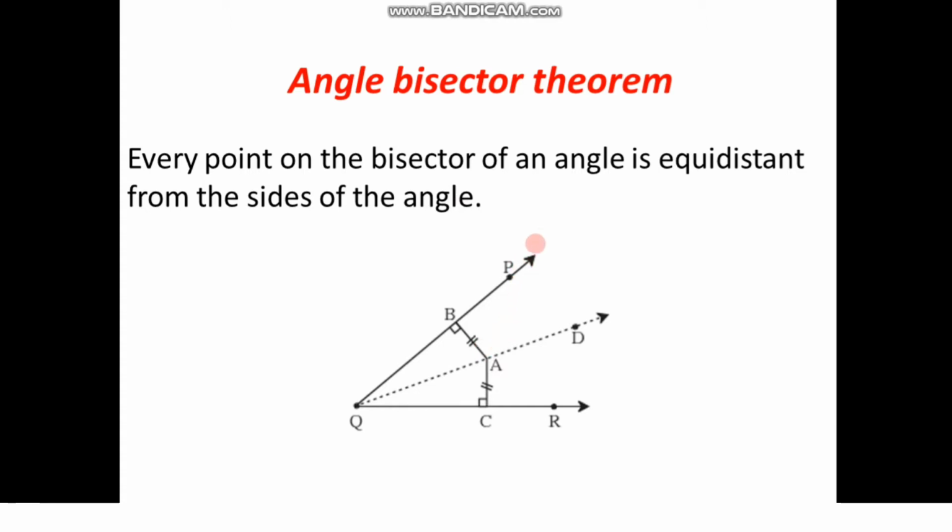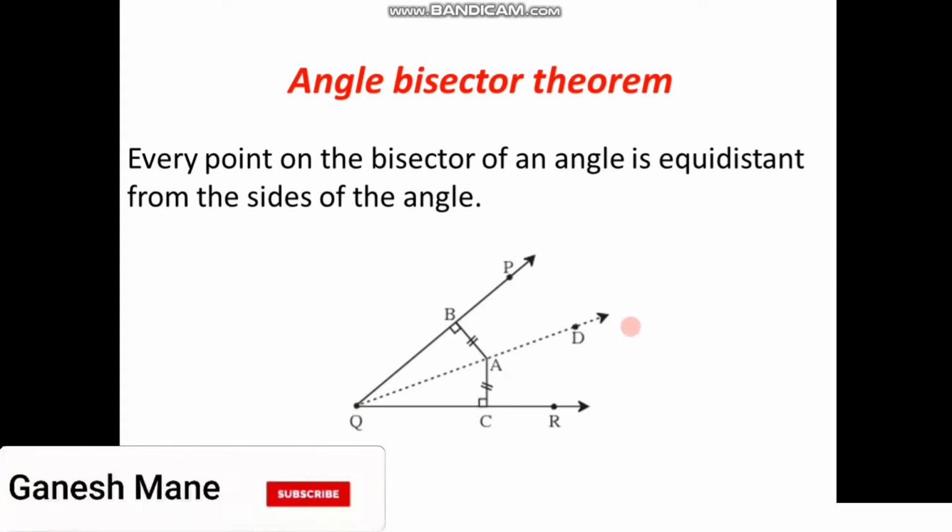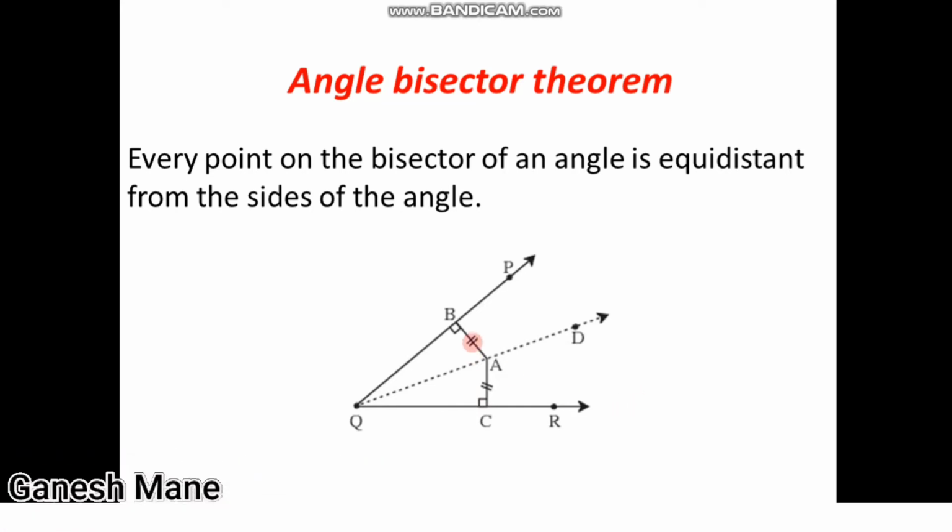Suppose in this diagram angle PQR is given, and here ray QD is the angle bisector of angle PQR. If there is a point A on this angle bisector, and we try to find the distance of point A from the two sides of the angle, that is PQ and QR, then as we can see, AB is perpendicular to side PQ and AC is perpendicular to side QR.